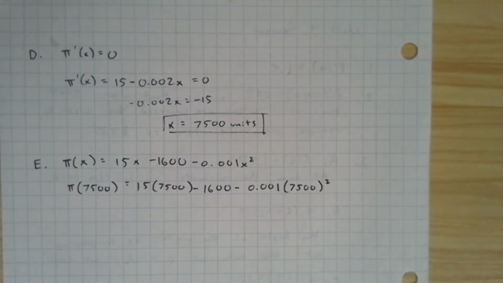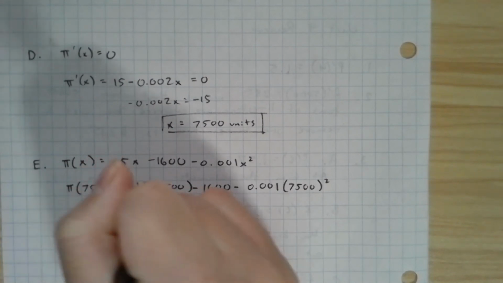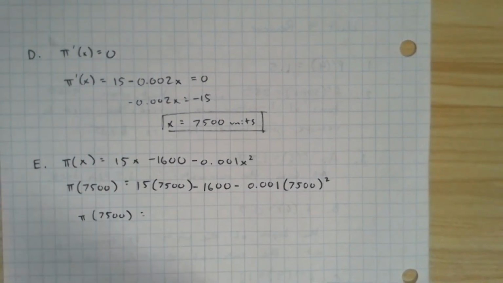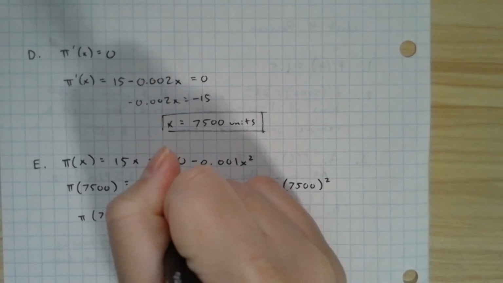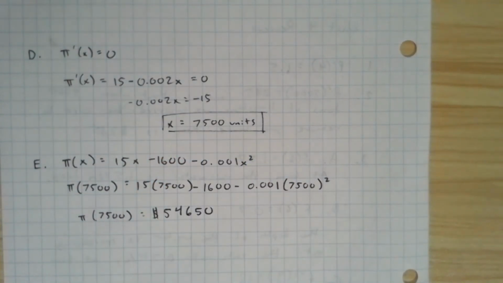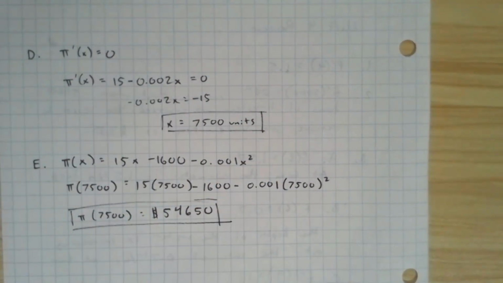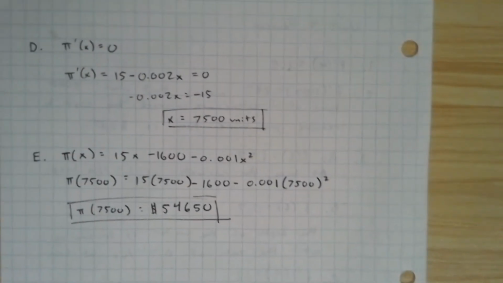Like that. Okay. And use your calculator, of course, and you'll find your answer to be $5,400,650. That's their profit for selling 7,500 units.